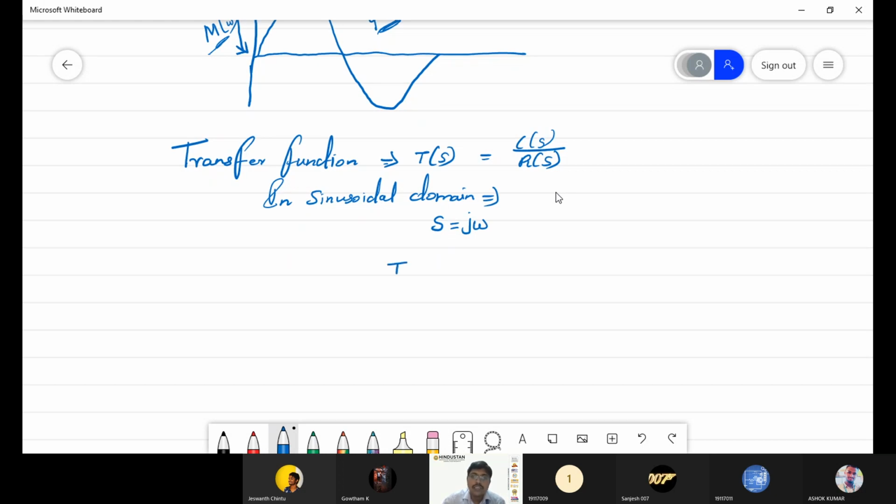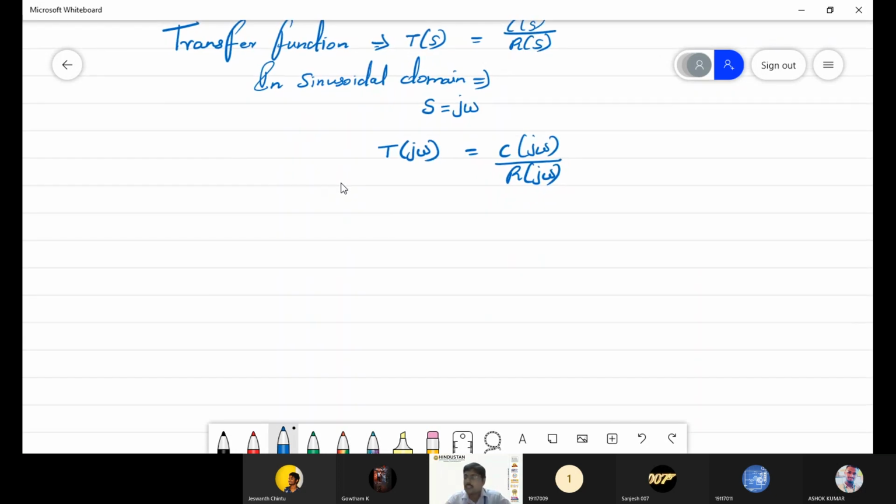Therefore, the transfer function is also T of j omega, which equals C of j omega divided by R of j omega. So wherever the s term is there, you can see that it was replaced by j omega. And similarly, other things also, if a feedback system or an open loop system is given.